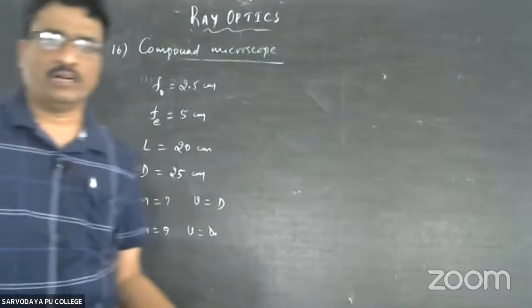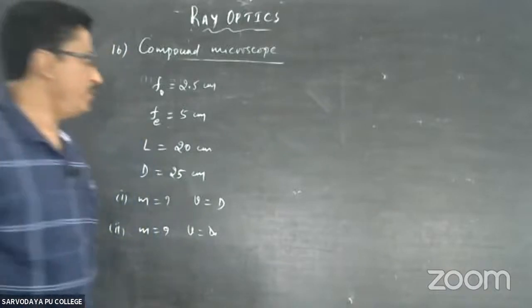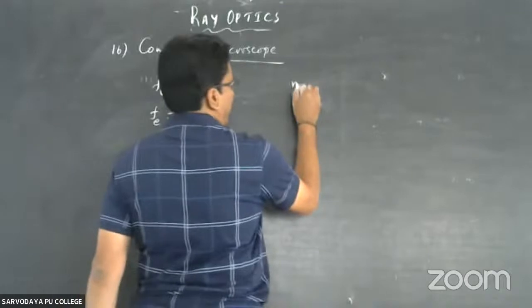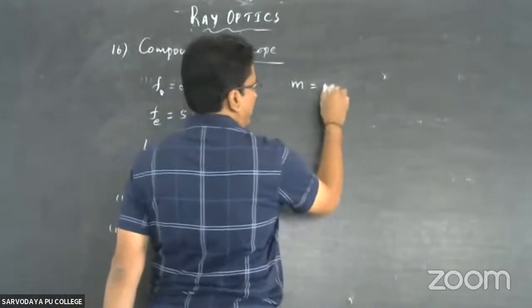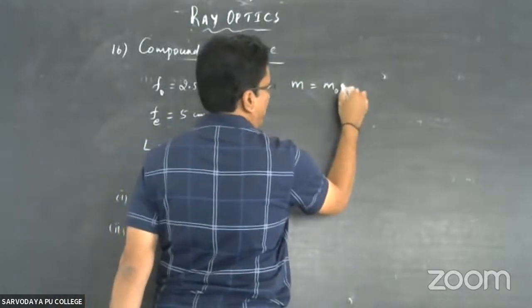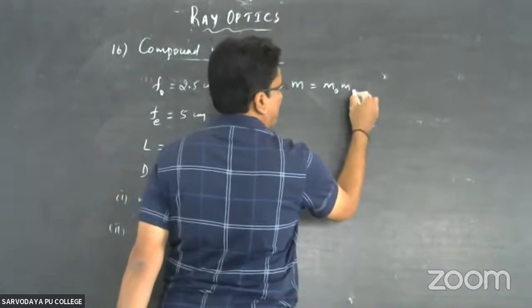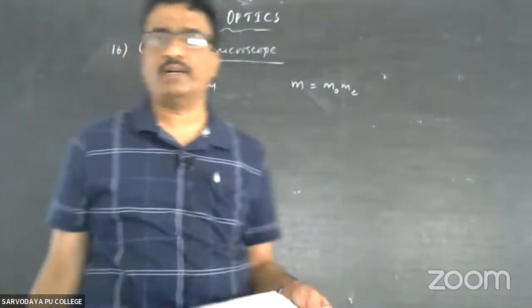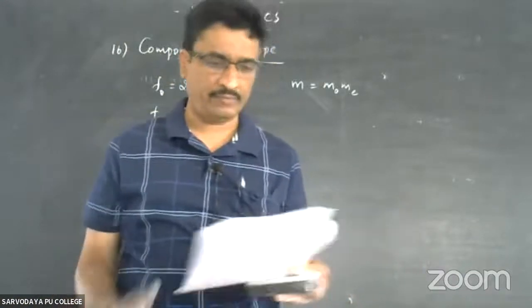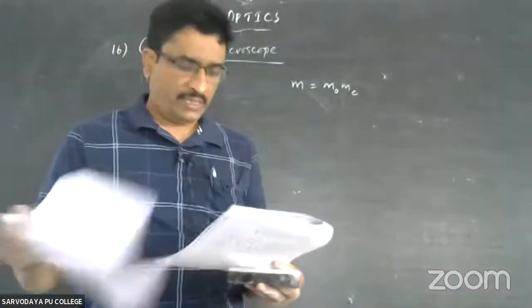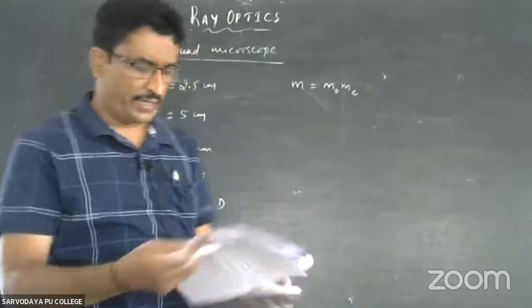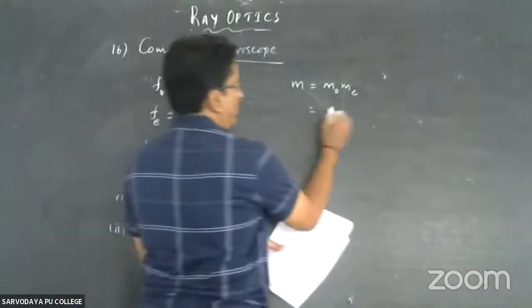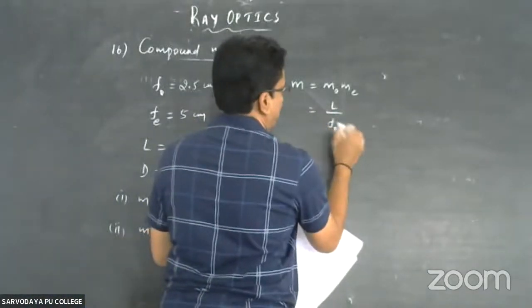Now, in case of compound microscope, magnifying power is nothing but magnifying power of the objective and magnifying power corresponding to eyepiece, M is equal to MO into ME. Once you consider MO, it will be equal to L divided by f.